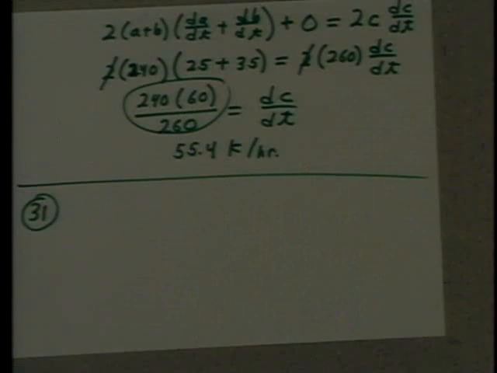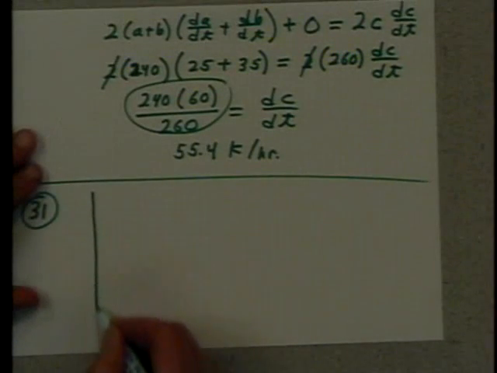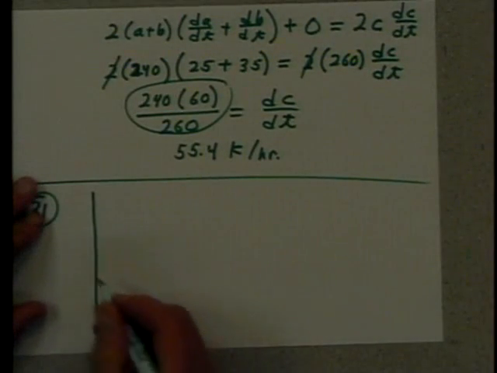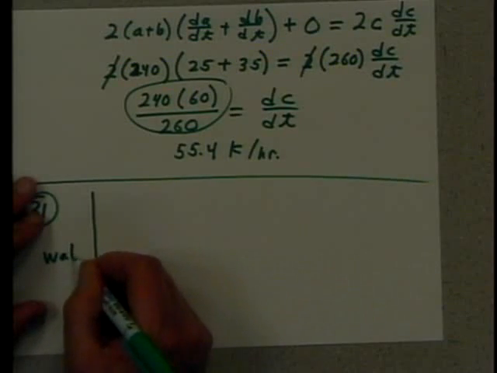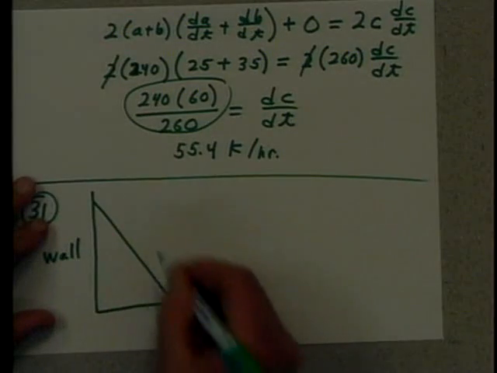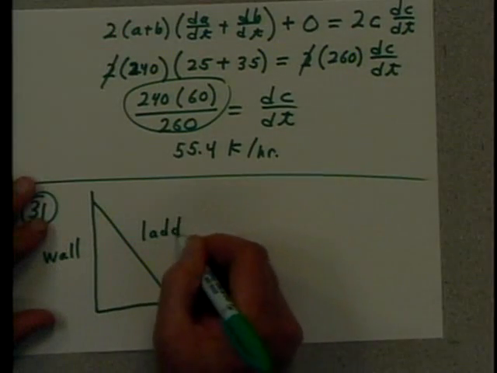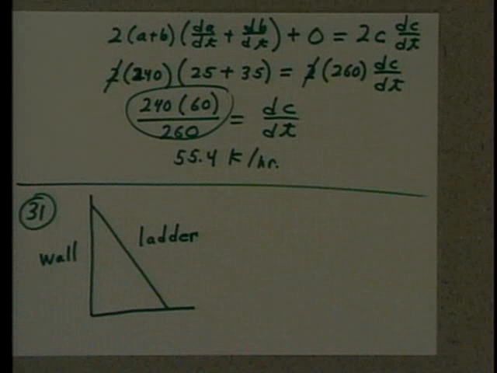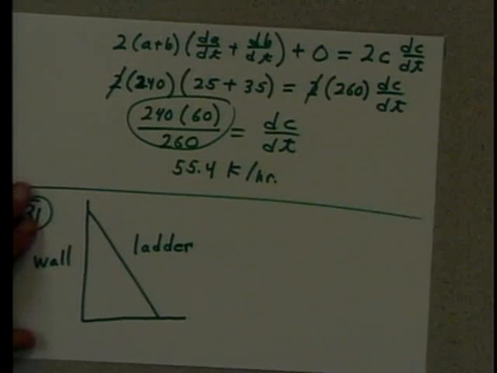Okay, step one, what do we do? Okay, so here is wall. And here is ladder. Okay, we need a variable for everything that's changing and a constant if it's not.